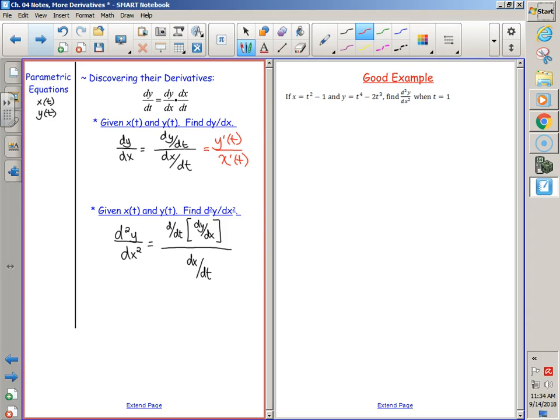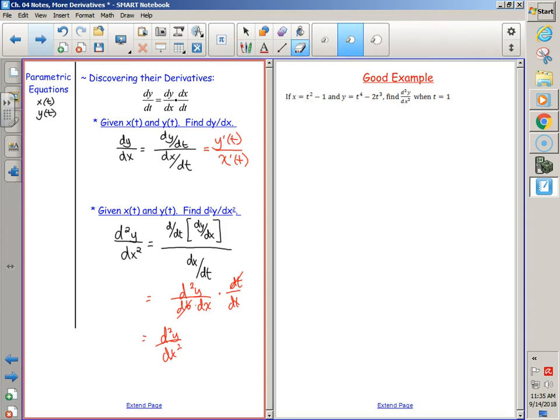Because if you were to take the derivative, you would have d squared y over dt dx multiplied by the reciprocal of dt over dx. And when the dt's reduce, you would end up with d squared y over dx squared. What? But here's the struggle.